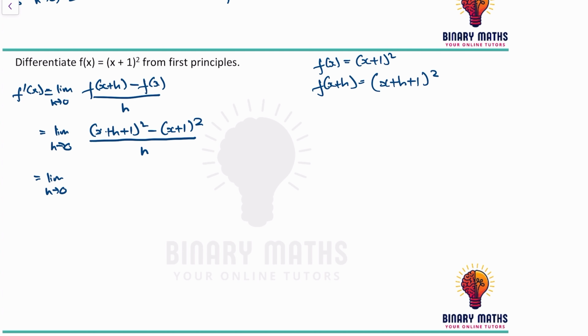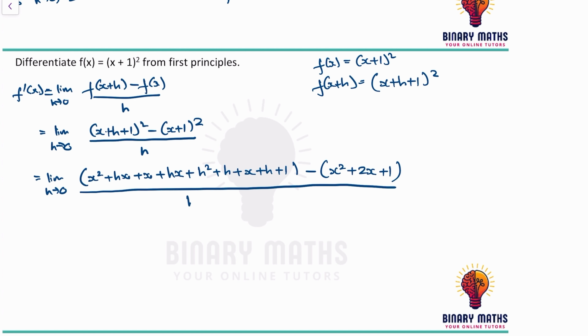If I expand x plus h plus 1 squared, I get x squared plus hx plus x plus hx plus h squared plus h plus x plus h plus 1. From the second squared, which is x plus 1 squared, I get x squared plus 2x plus 1, and I'm subtracting this because there's a subtract in the middle, all over h.